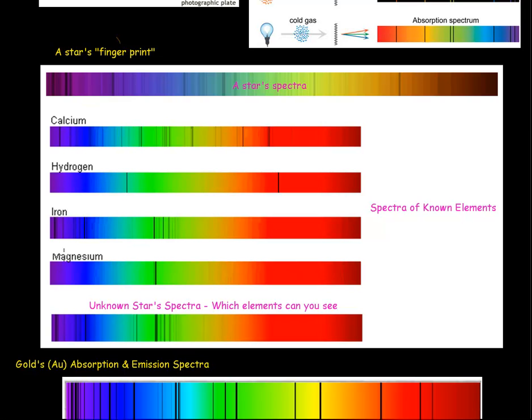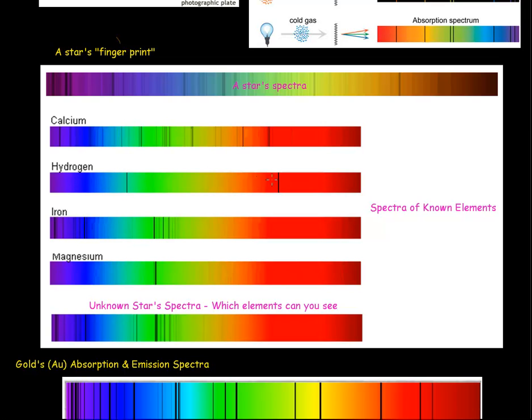And these are 4 of the 92 naturally occurring elements, 112, 114 including man-made, of the periodic table. We take a piece of calcium metal and get it hot enough where it starts glowing light. We look at it through a spectroscope, and these are the lines that identify calcium. It's called its fingerprint. There is no other element that has these lines.